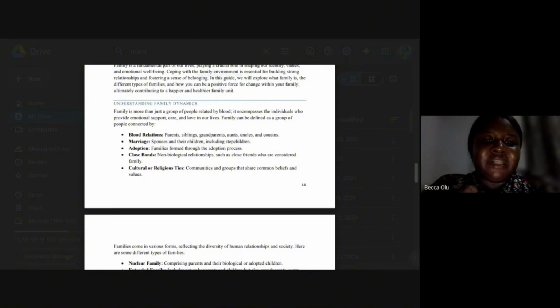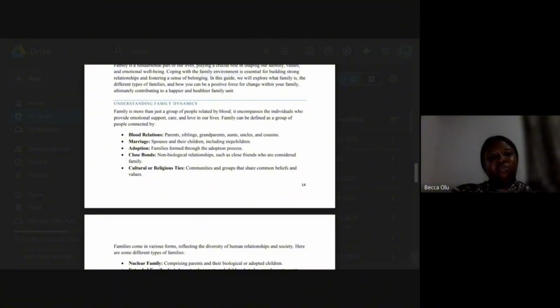Family can be defined as a group of people connected by a variety of factors. We're going to look at all the things that you can be connected by as a family. So basically, any circle or group of people or somebody you're connected with that shows you emotional support, care, and love in your life can be considered family.